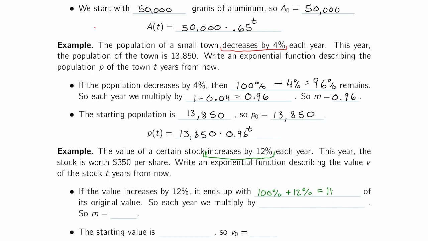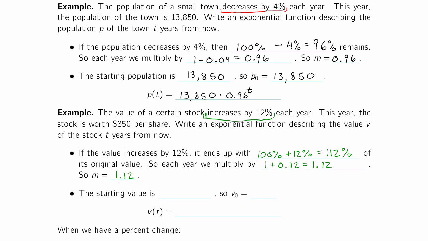So we end up with 112% of the original value. We end up with more than 100% of the original value because the value is increasing. Each year we multiply by 1 plus 0.12, which is 1.12. Our multiplier is 1.12.